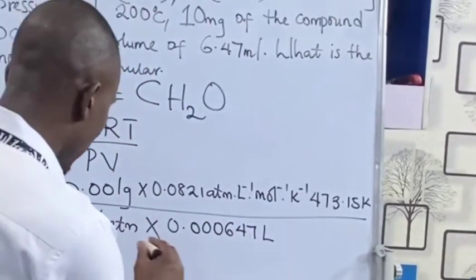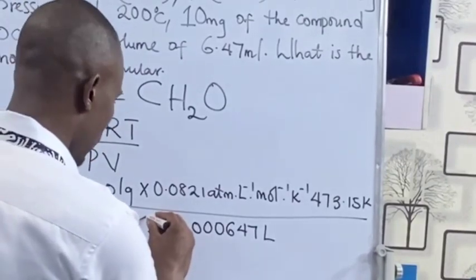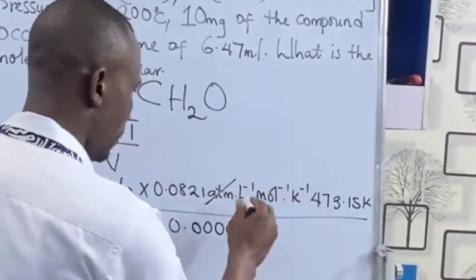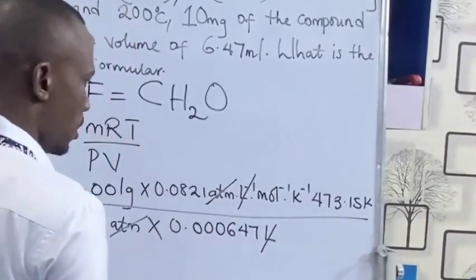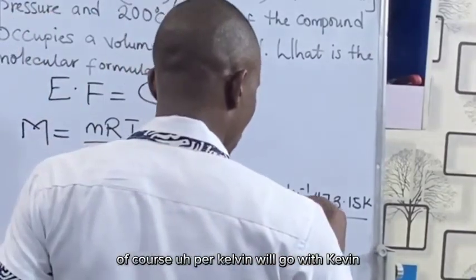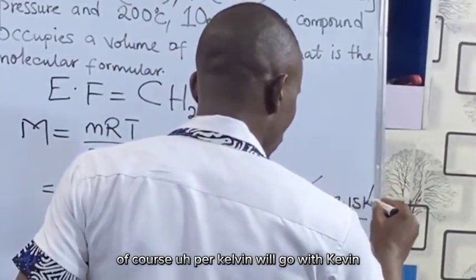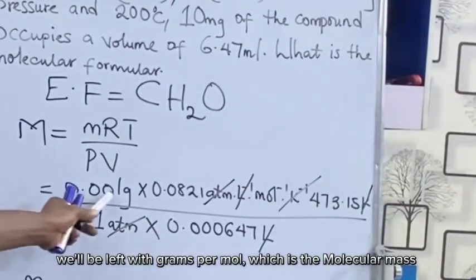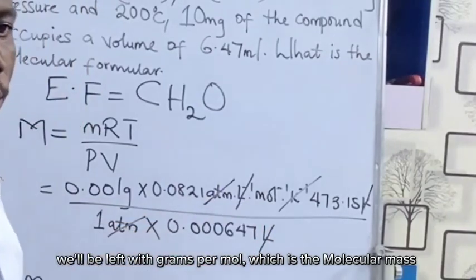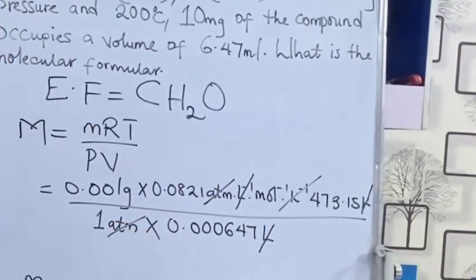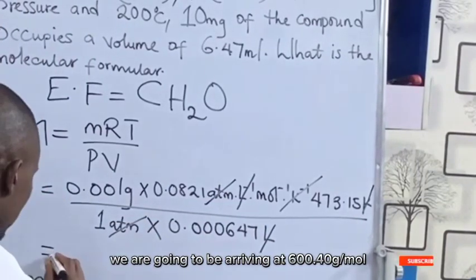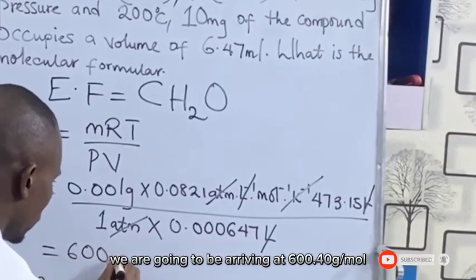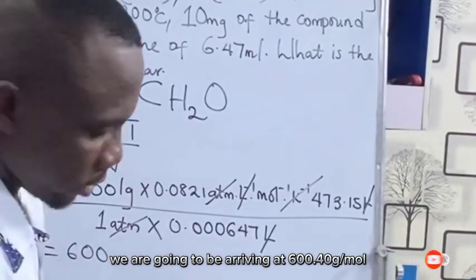Now, atm, we go with atm; per liter, we go with liters; and per Kelvin, we go with Kelvin. So we'll be left with grams per mole, which is the molar mass of that. If you do that mathematically, you're going to arrive at 600.40 grams per mole.